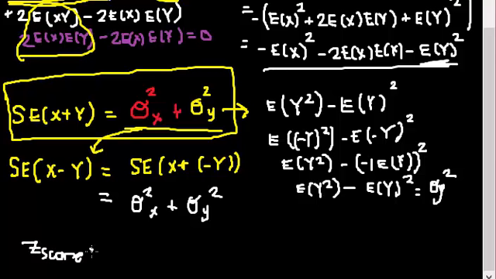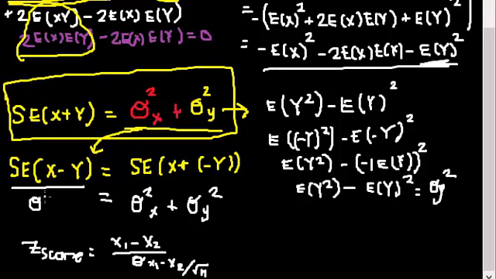So our z-score is equal to the statistic 1 minus the statistic 2, all over the standard deviation of the difference, the standard deviation of that statistic over square root of n. But I don't know what the standard deviation of the statistic is. But now we know, because the standard deviation of the statistic is related to this. Now remember that this is actually the variance of the difference of the statistic.